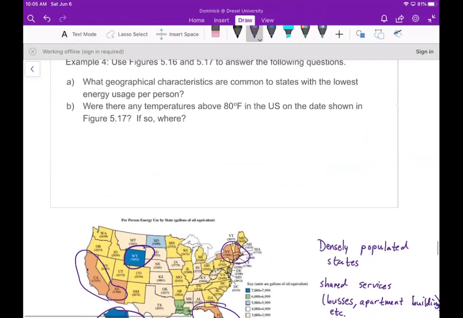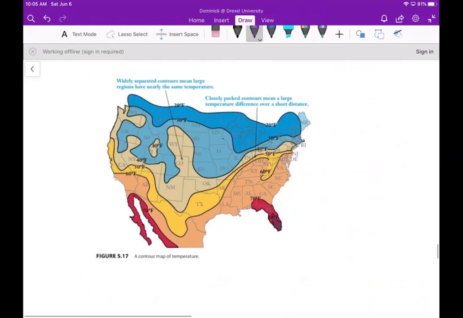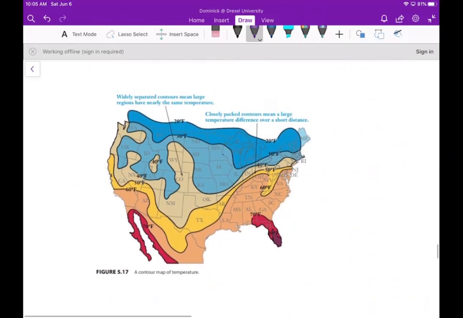Okay, now were there any temperatures above 80 degrees Fahrenheit in the US on the date shown in figure 5.17? If so, where? Now it looks like here is our contour map for temperature, and of course, since this varies over geographical boundaries, this is the more appropriate way to do that. Now, if we look, it looks like down here, we have 80 degrees.